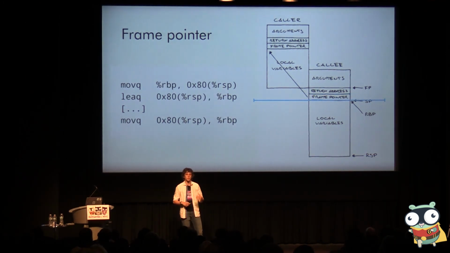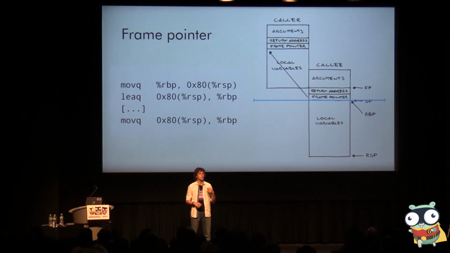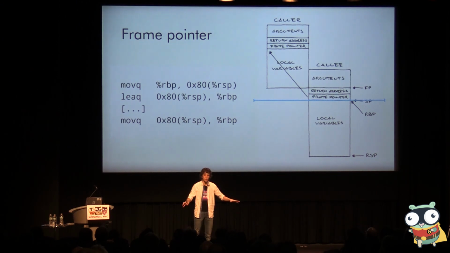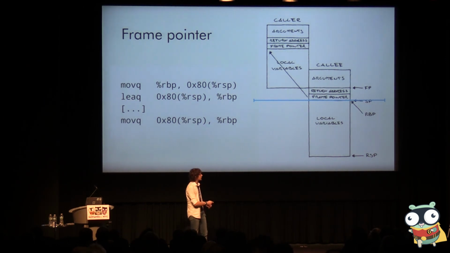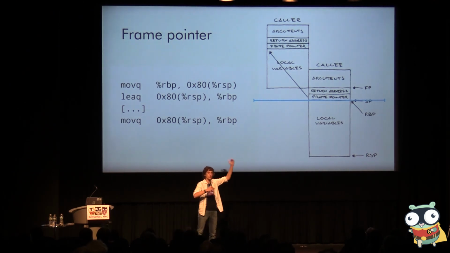Next, we save the frame pointer. The frame pointer is a way to be very fast at unrolling stacks. So your program crashed, or you want to know the performance of your program, and you want to know what it's doing right now. You look at the stack, and you take this register. It always points to the frame pointer. And there you find the previous value of that register, which points to the caller frame pointer. And you keep going up.